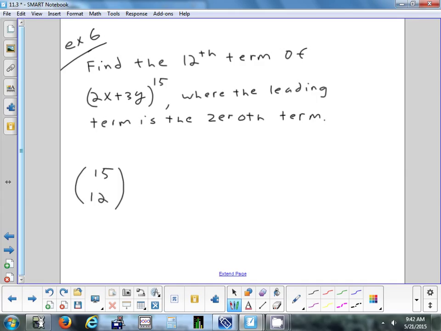Okay, now the next part. You're going to have a 2x raised to some power times a 3y raised to some power. We just have to figure out what those powers are. They've got to add up to 15. Okay, so you want the 12th term.